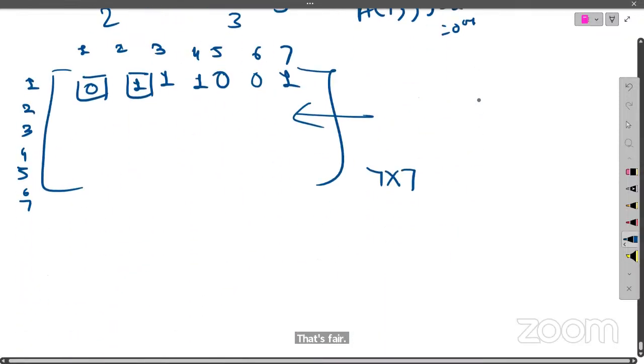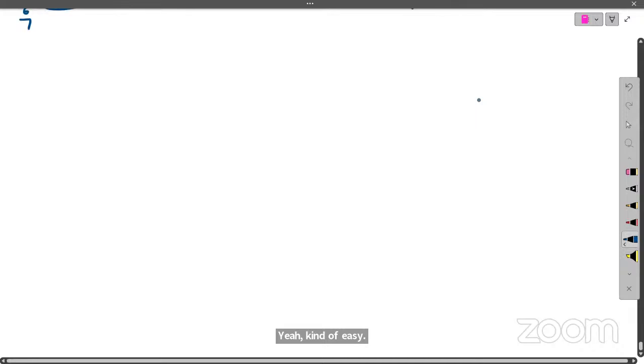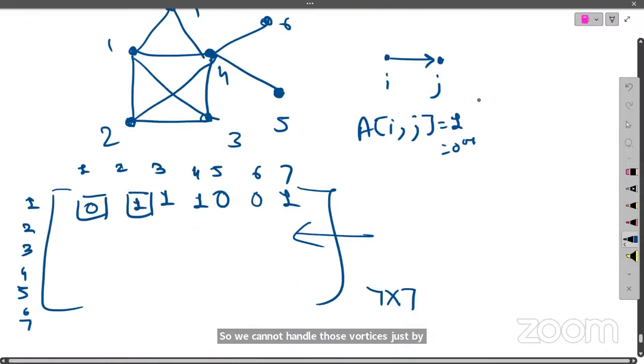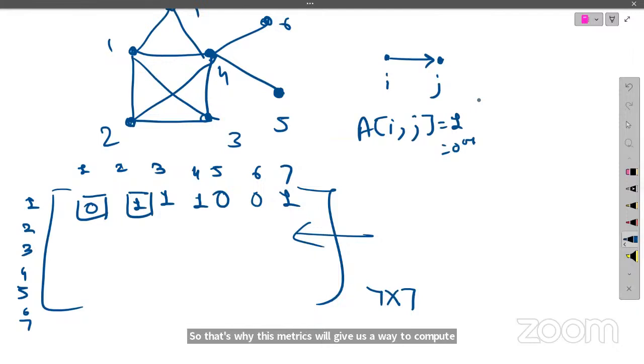And the second description is the adjacency list. Again, why do we need such a mathematical description? Because here we are just dealing with a very simple graph, with either 10 or 12 vertices. But in practice, when we consider a real life problem, there will be 1,000 vertices or more. So we cannot handle those vertices just by using pictures. This matrix gives us a way to run a program, because in a program we need some mathematical structure.